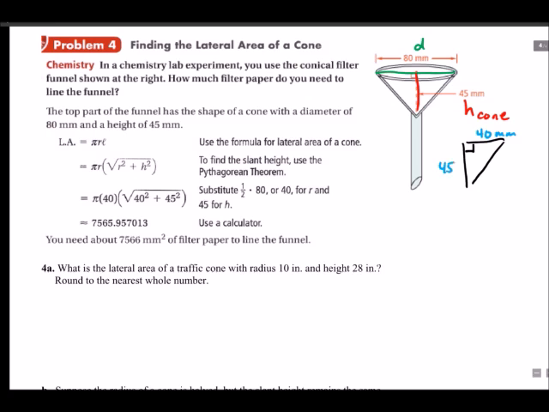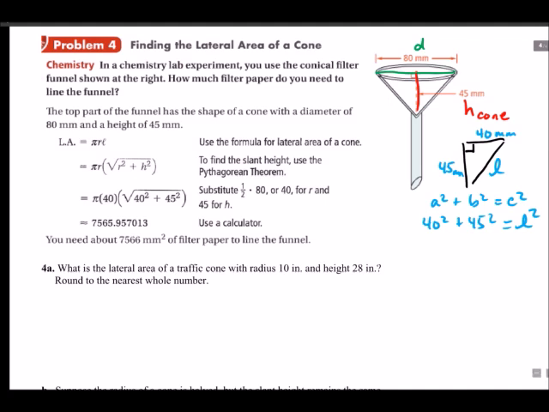This is 45 millimeters. And here is our slant height. So we just do a squared plus b squared equals c squared. Don't forget your hypotenuse is always c. So 40 squared plus 45 squared equals our slant height squared.